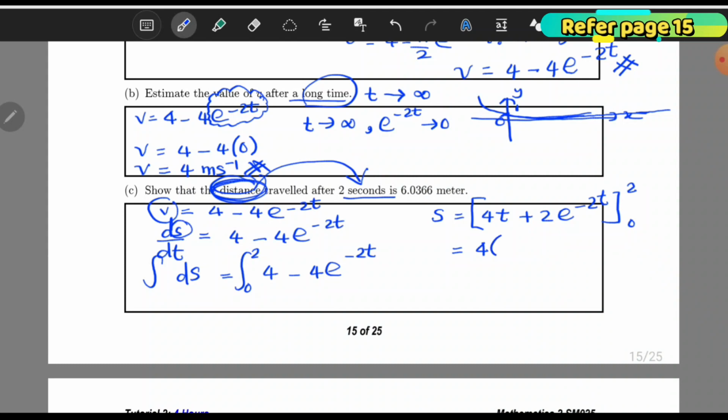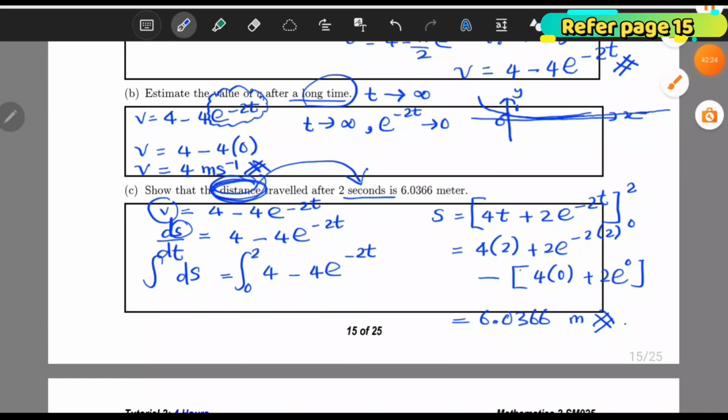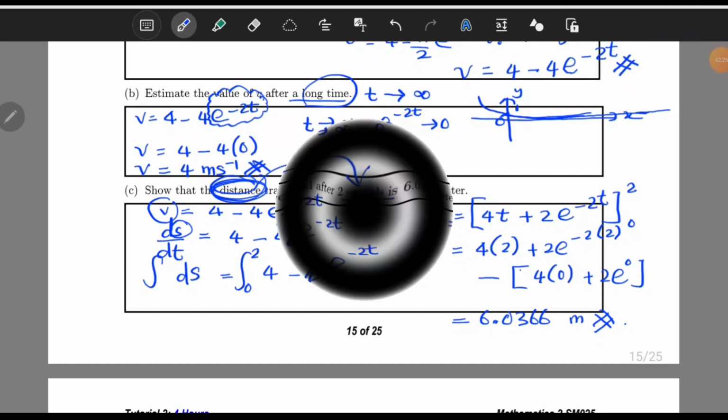So we have 4 times 2 plus 2 e to the negative 2 times 2, and then minus 4 times 0 plus 2 e to the 0. And we will get equal to 6.0366 meters. Okay, that's all for this chapter.